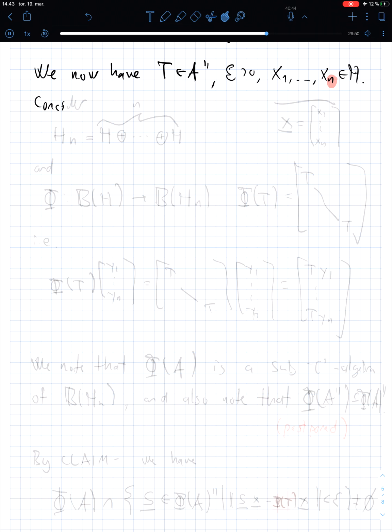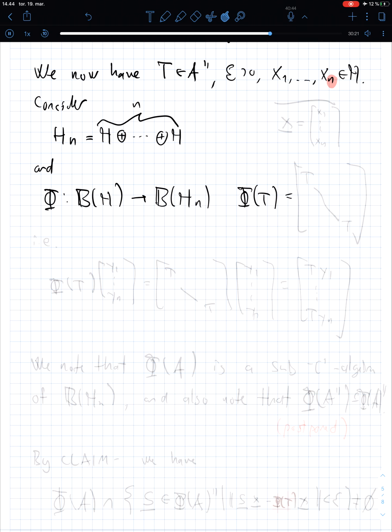So we consider a Hilbert space that I will call Hn, which will just be a direct sum of n copies of H. And we will define a map called phi, taking a bounded linear operator on H into a bounded linear operator on Hn by sending phi of t into a matrix which is diagonal, just contains t down the diagonal.